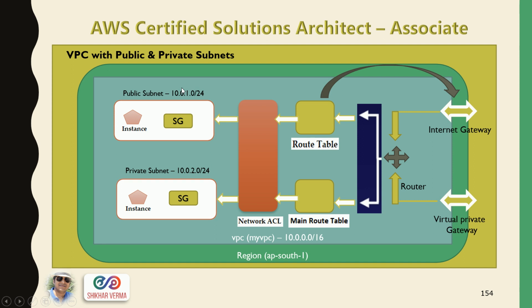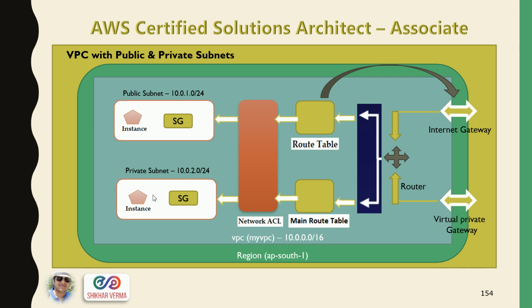So this subnet is now a part of this route table, and this route table is connected with this internet gateway. So this subnet will have internet connectivity, and the other subnet is still connected with your main route table, and this main route table is not connected with any internet gateway. So this is private. If you create any instances inside this private subnet, there won't be any internet connectivity.